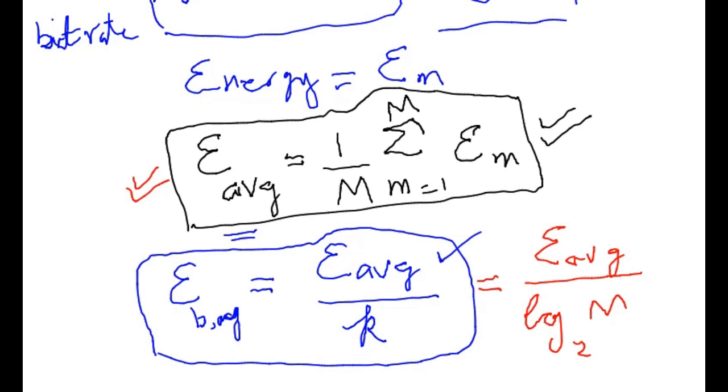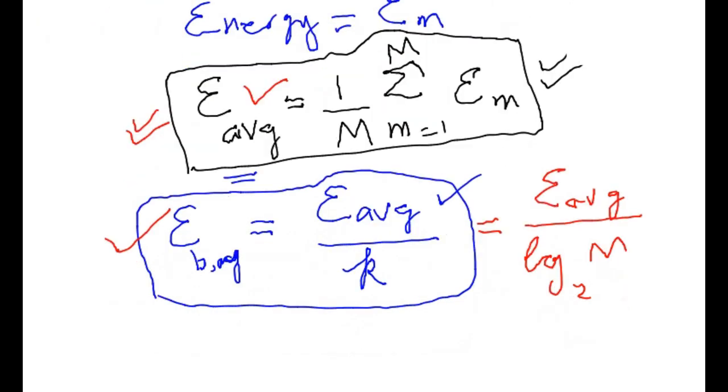If a communication system is transmitting an average energy per bit of E_b average, let me write it over here.